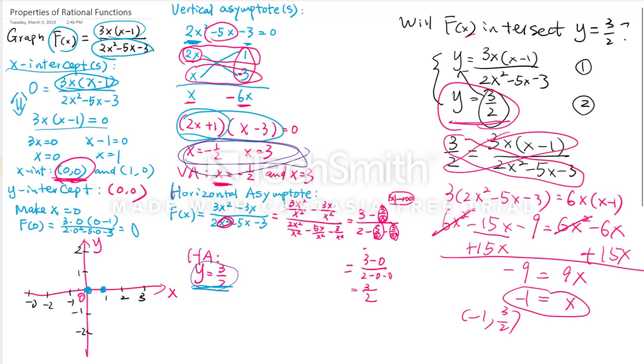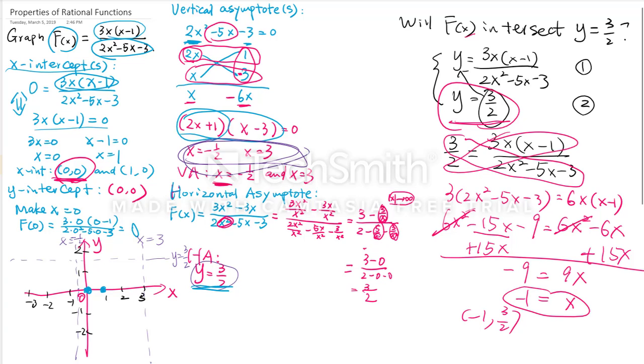X equals negative 1/2. So it's a vertical line. And the other one is 3. X equals 3. 2 vertical asymptotes and 1 horizontal asymptote, y equals 3 over 2, which is right here. Y equals 3 over 2.